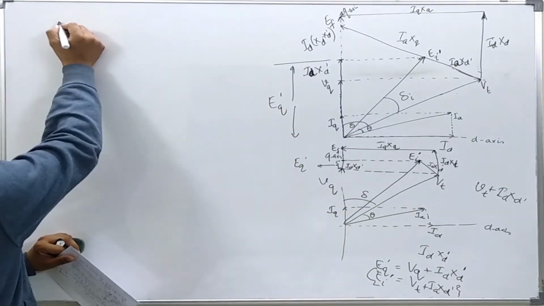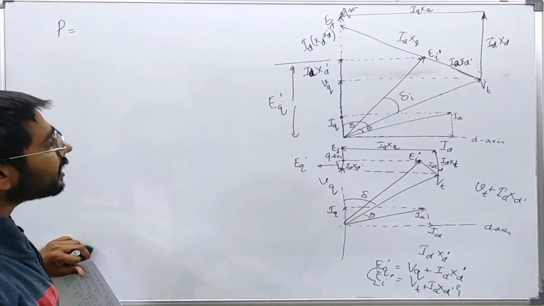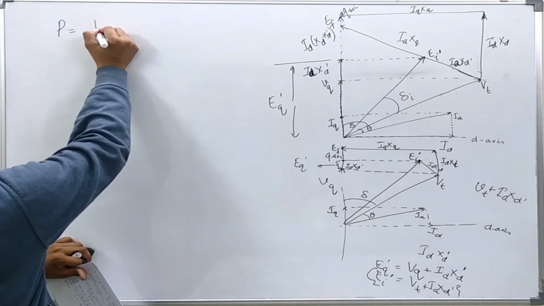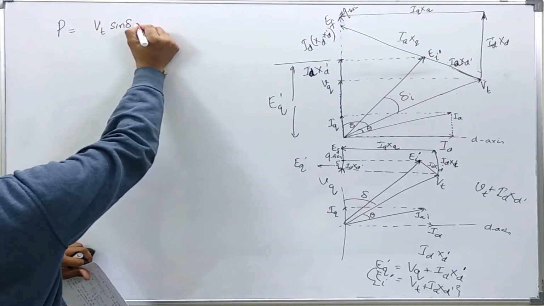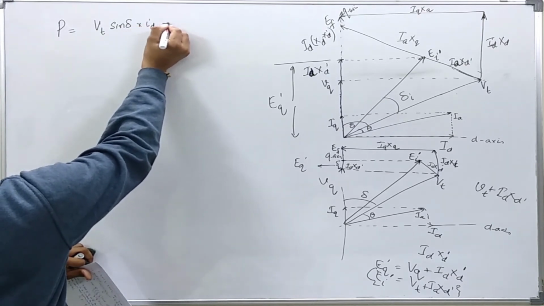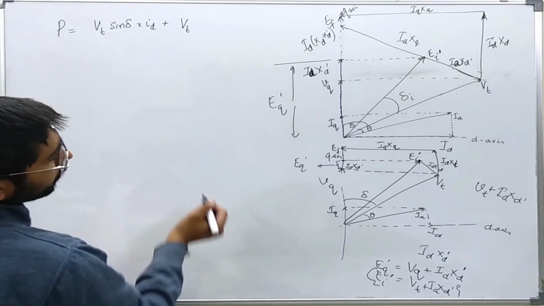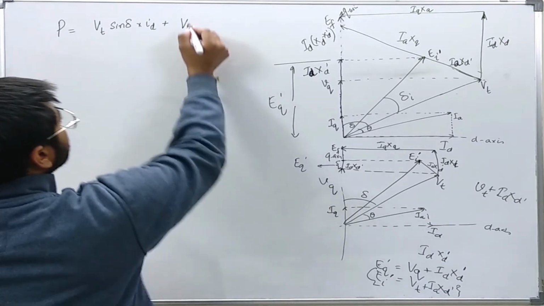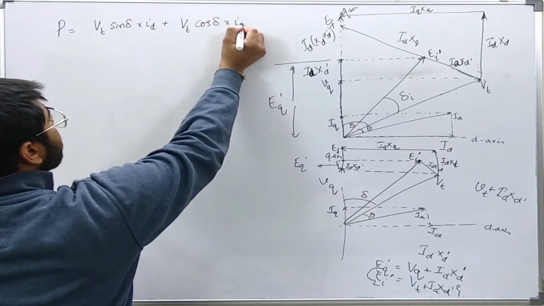Now, power in a synchronous machine is given by VT sine delta into ID plus VT cos delta into IQ.